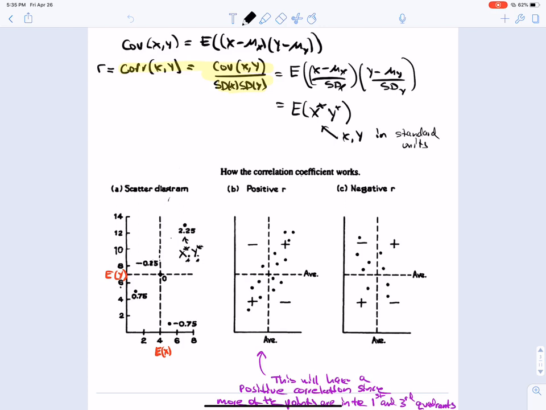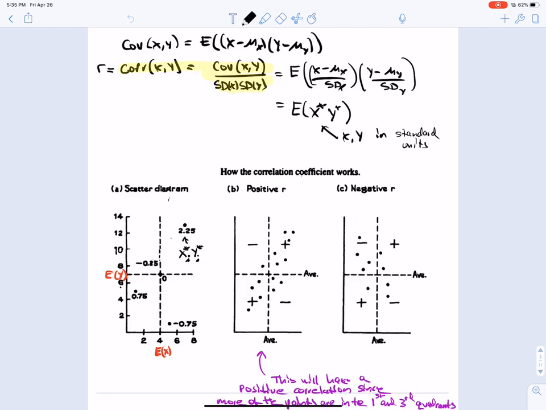Now in the first quadrant, the product of X star, Y star is positive, because X star is positive and Y star is positive.